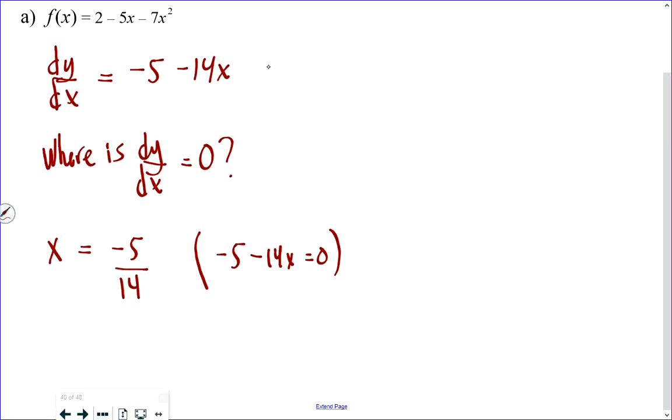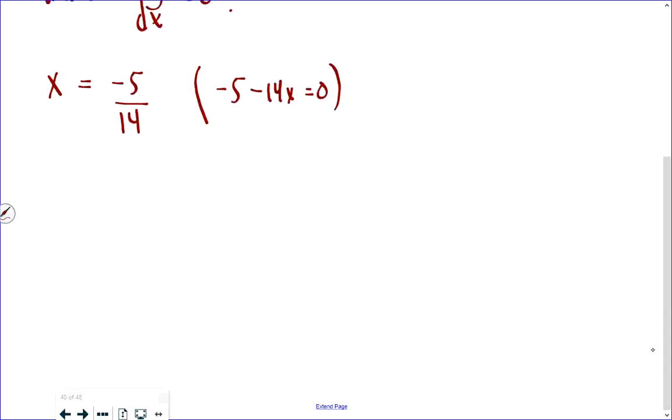So when you look at this function, and my explanation here is maybe overkill, you know from previous math classes that it's a parabola, a polynomial function, defined over all real numbers. And what we're reasoning out is that at x equals negative 5/14 the derivative is 0, which means everywhere else it's not 0.